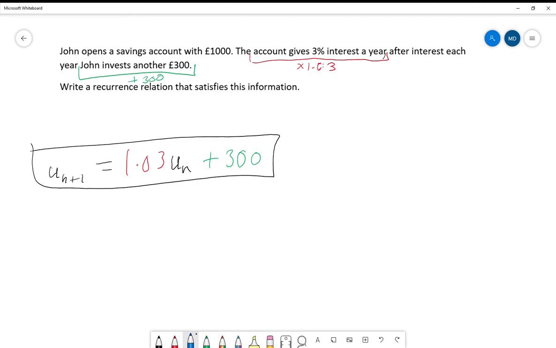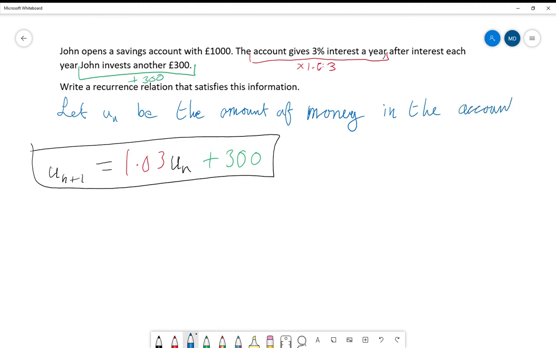But we're going to say, let Un be the amount of money, sorry, I can't spell money there, in the account in pounds.